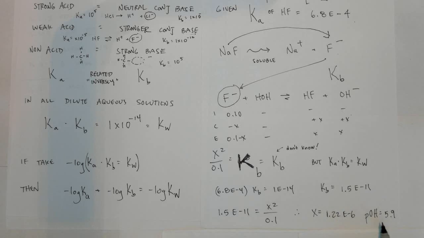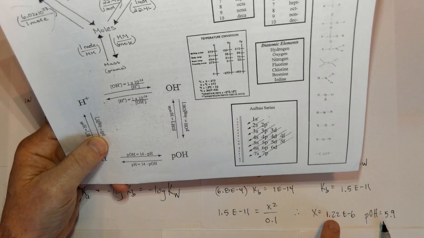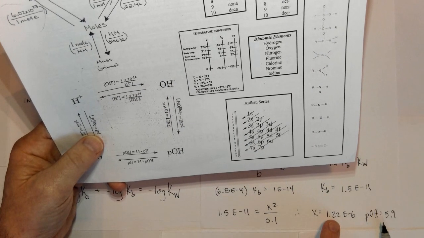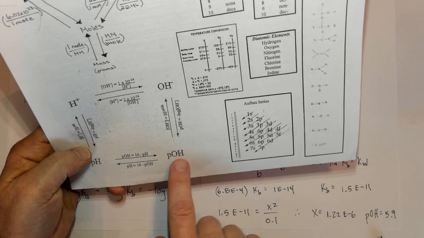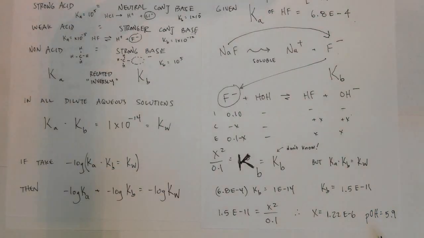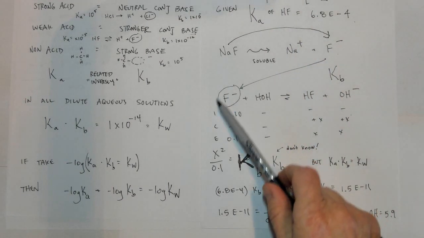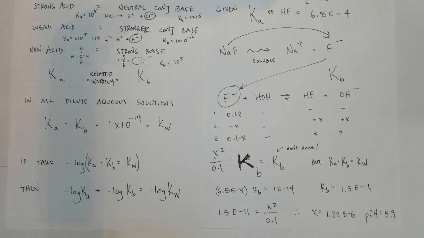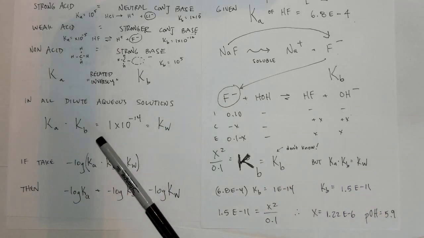And then the pOH right here would be the negative logarithm of this number. And then, of course, we could find the pH simply by subtracting from 14. And then you'd know the pH of your solution that had a weak base in it that you didn't know the Kb of, but calculated it because you knew this relationship between Ka and Kb.